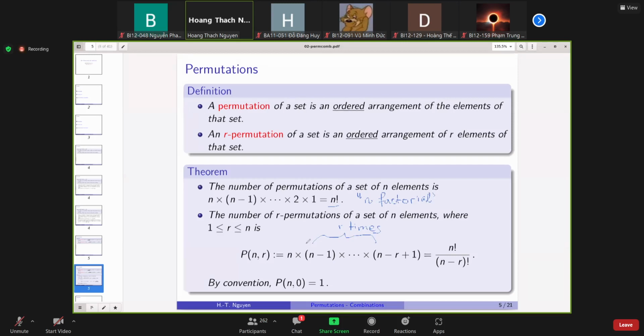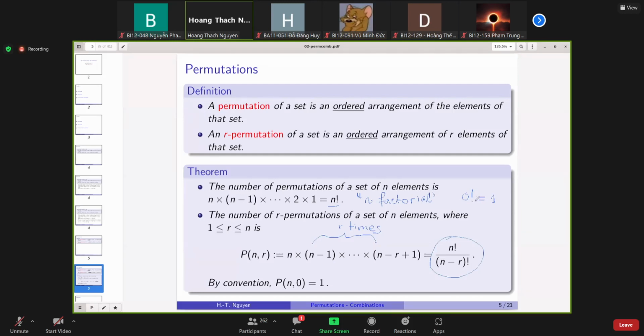Sorry, you descend r minus 1 times. And we can write this product shortly using the factorial notation. Of course, there is a convention that 0 factorial is equal to 1. This is the definition, and it is convenient in calculation.